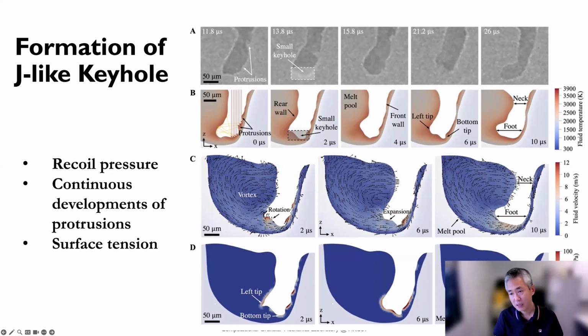You can imagine you have a high pressure vapor keyhole. You have this liquid, and so the surface tension can be so important. Surface tension means that the liquid part wants to hold back here, right? Okay, and so when there's a strong pressure difference, you develop other physical phenomena, where this recoil pressure and Marangoni pressure play a role here.